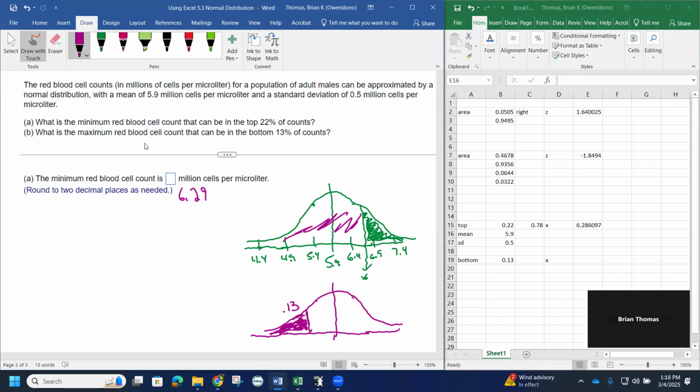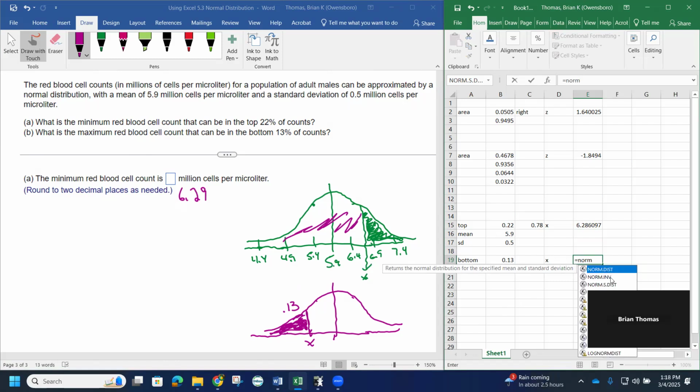So what's the maximum red blood cell count? We're looking for this x value located here. Notice how here we already have the area to the left. So I can find the x value by using inverse norm, or here it actually says NORM.INV. I'm so used to using the calculator.